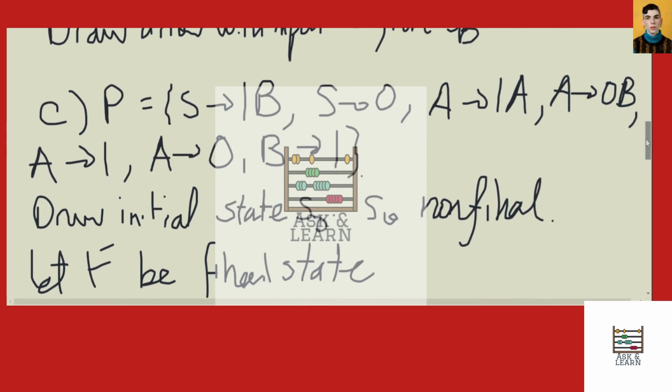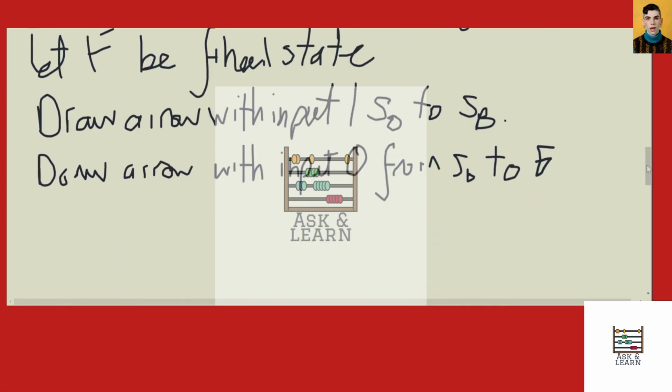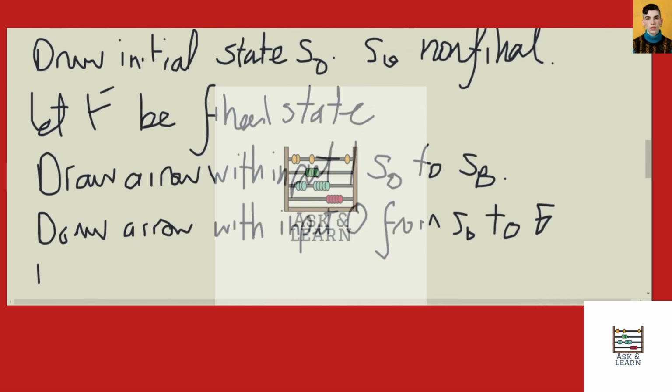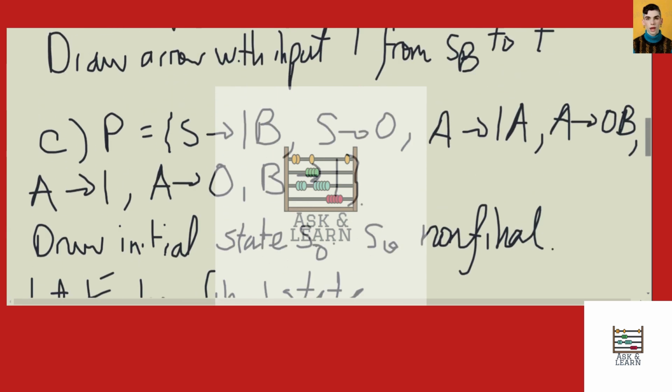Now draw an arrow from SA to itself. In other words, draw a loop at SA with an input of 1. This represents that A can be replaced by 1A.